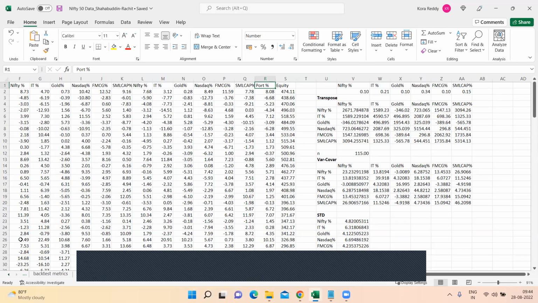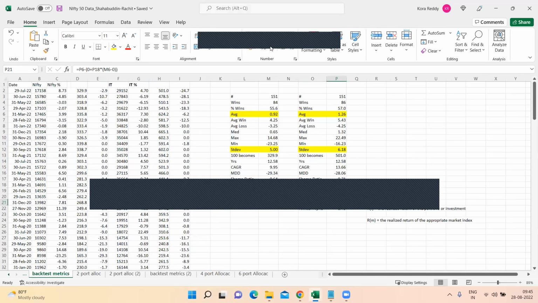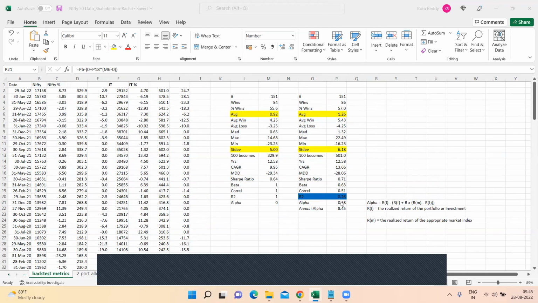Last week, there was a small error in this backtesting matrix. In the alpha, what I've done is we had P6 here.